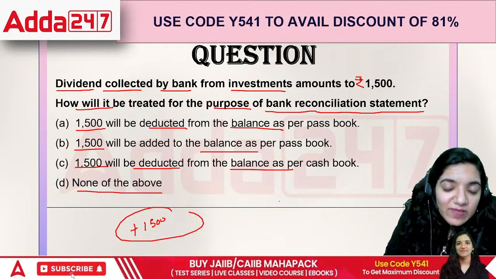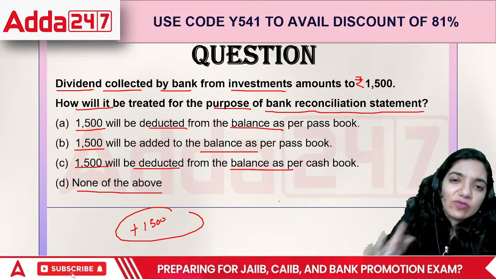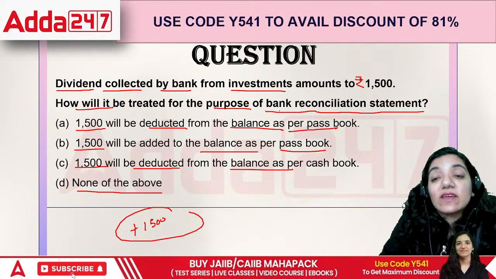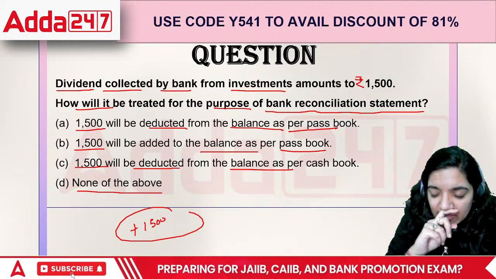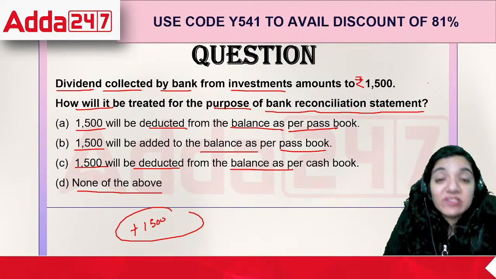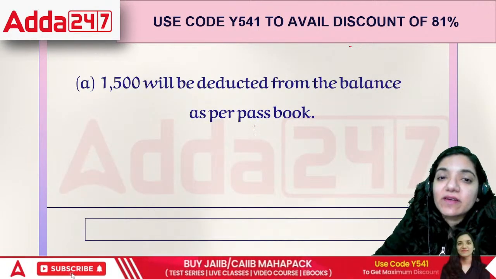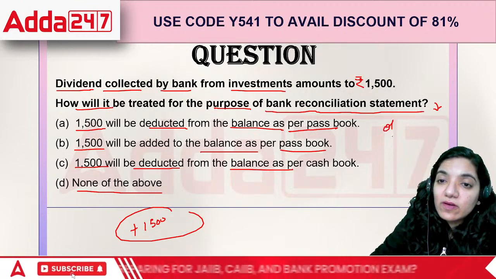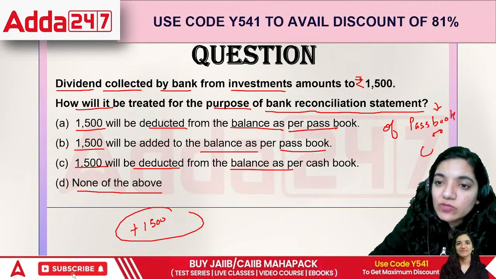But if we are at the cash book, then it has to be added. There's only one treatment because the passbook is already done, right? So the question is incomplete on how it will be treated for the purpose of bank reconciliation statement. On the basis of the bank reconciliation statement, normally 1500 would be deducted if we are preparing the BRS from the point of view of passbook to cash book.